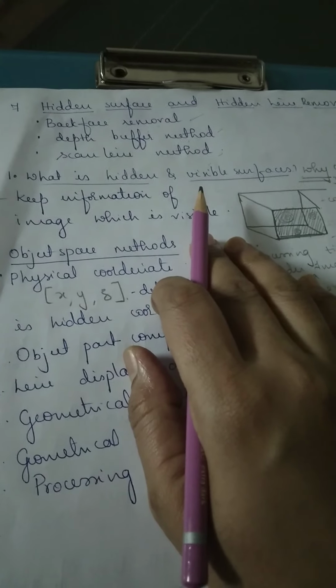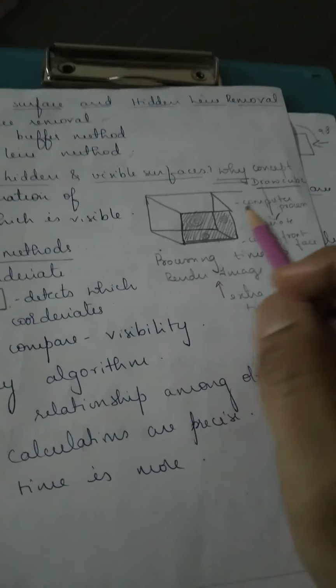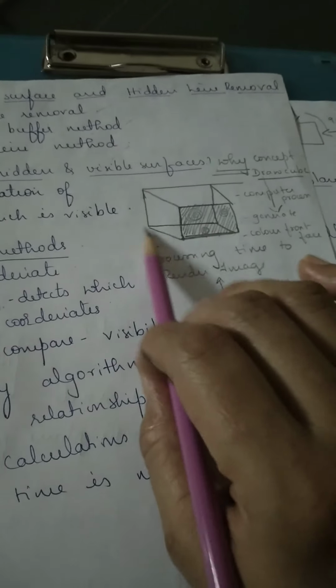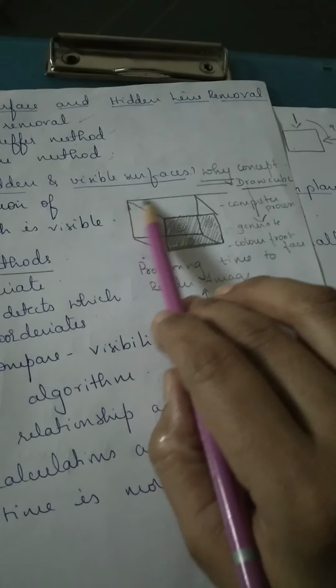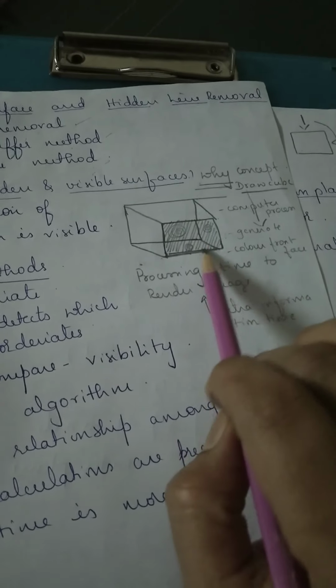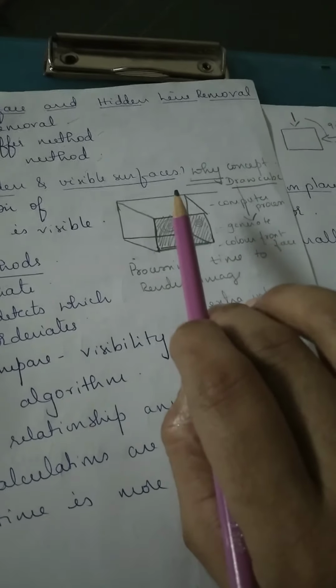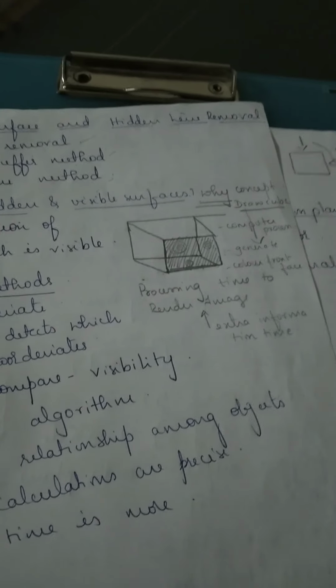computer graphics. Here, for example, if I take a plane object, when I draw a cube, the computer will process each and every point in the cube.